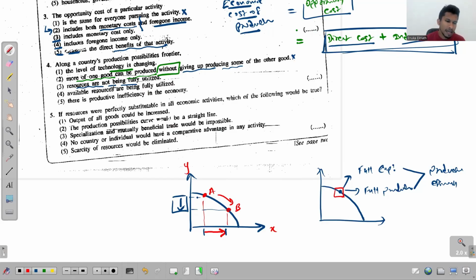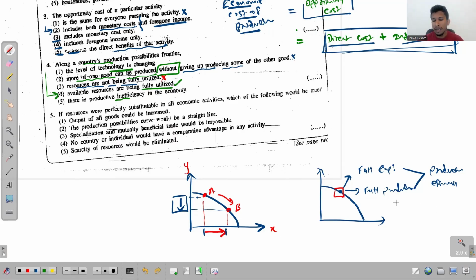But here it says that some of the resources are not employed, which is wrong. The fourth one, available resources are being fully utilized. Yes, that's true. On the PPC, definitely the resources are utilized fully. So this is the answer for this question 4. The fifth one, there is productive inefficiency in the economy.